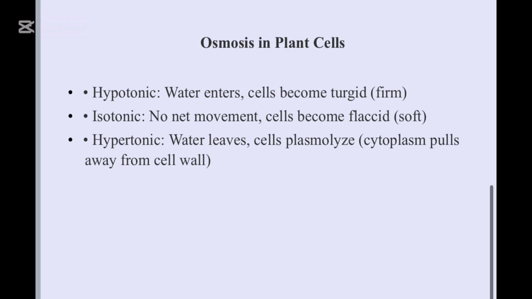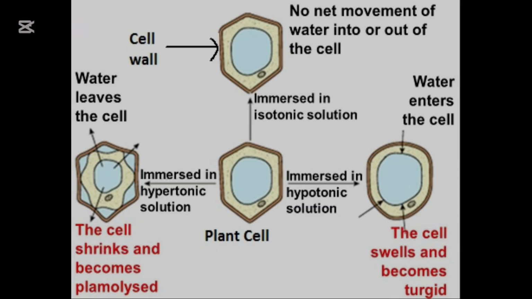Now, this diagram shows the hypertonic, hypotonic, and isotonic solutions of a plant cell. If you can see, the cell wall is there, and in the isotonic solution there is no net movement of water into or out of the cell, meaning it is in an equilibrium state. Now, looking at the left-hand side, when water leaves, the cell shrinks and becomes plasmolyzed.